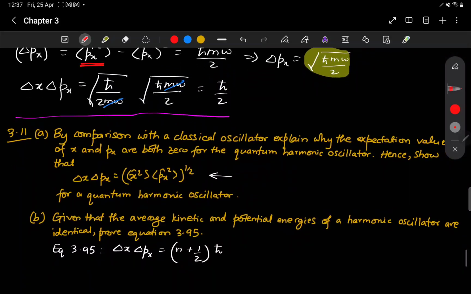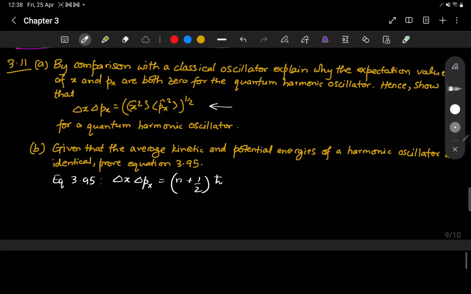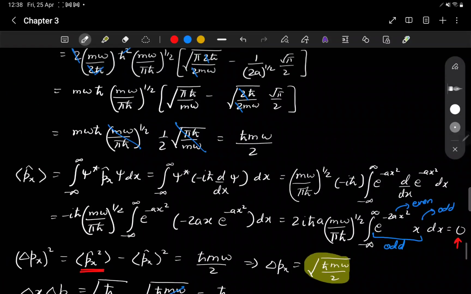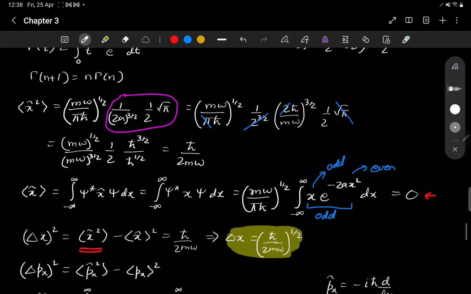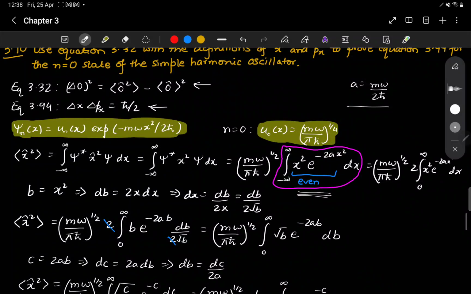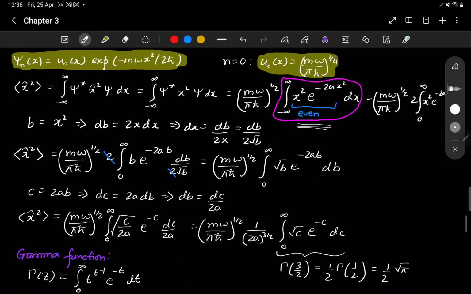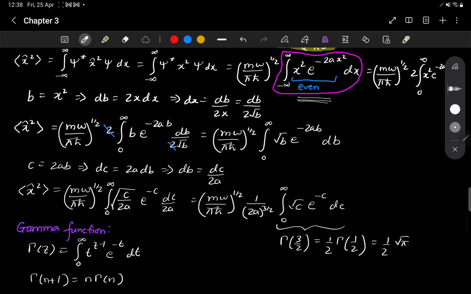We actually did this derivation very rigorously in the previous question, so if you want to revise that, you can go back to it. How we did that was basically just evaluating the integrals. To evaluate them, we used properties such as the integral of an odd function is 0, the product of an even and odd function is odd, and the product of an even and even function is even.